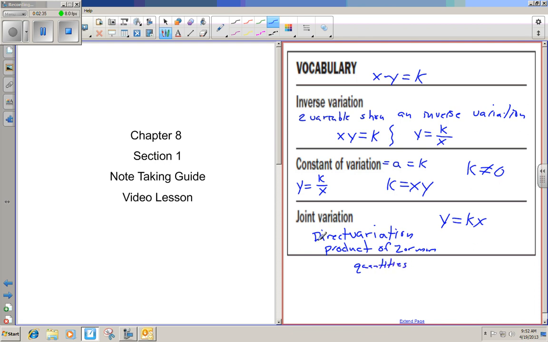So it's a direct variation like this, but now you add some more quantities, like a z value. So now y equals kxz rather than y equals kx. So for joint variation, if you were looking for k, it would be equal to y over xz instead of just y over x.